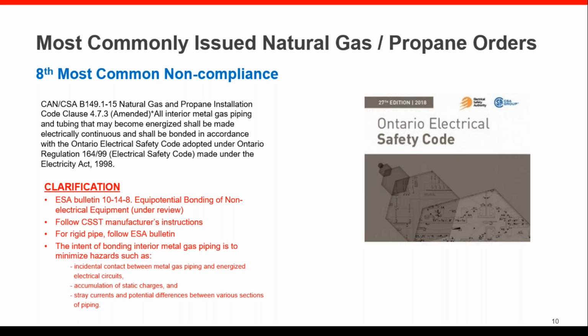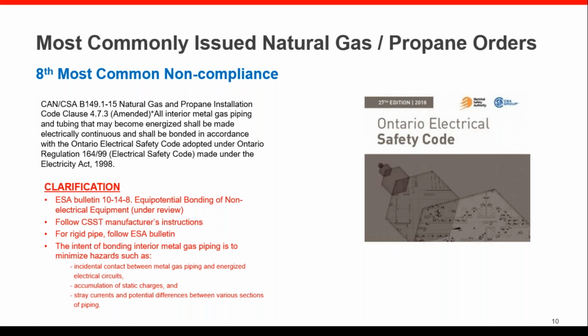And so there are guidelines out there, one of those being the ESA Bulletin 10-14-8, the equipotential bonding of non-electrical equipment. Now, this bulletin is out there, but it is currently under review. There was a bit of a conflict with the corrugated stainless steel manufacturer's instructions.